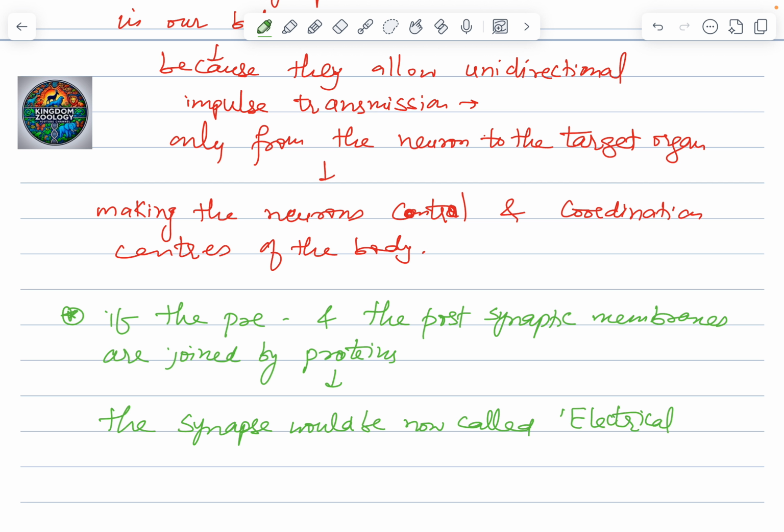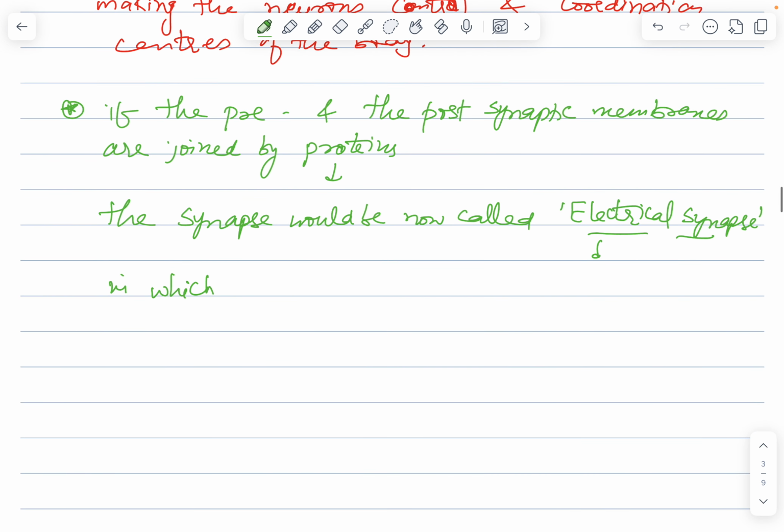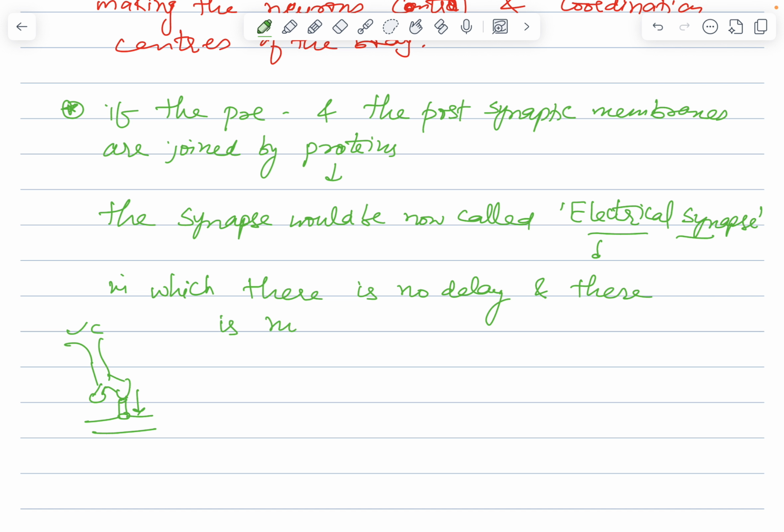It's not a chemical synapse anymore. It's an electrical synapse in which the protein will actually help in immediate transmission of the action potential from the presynaptic membrane to the postsynaptic membrane, in which there is no delay and there is no fatigue. There is no chance of synaptic fatigue because there is no neurotransmitter, so fatigue of what will there be?